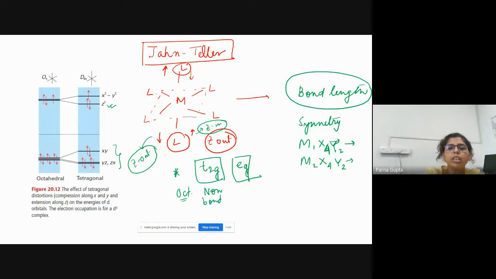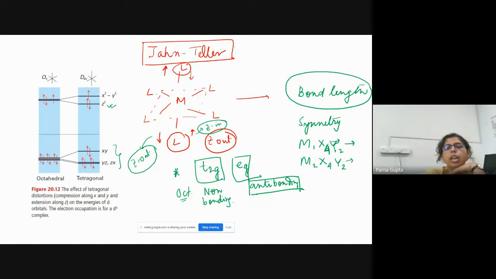If this is non-bonding, it will not affect the bond length much, whereas if it is in anti-bonding, the effect is much more pronounced, if in some particular problem the Jahn-Teller distortion is due to one electron in one of the orbitals in the anti-bonding case.